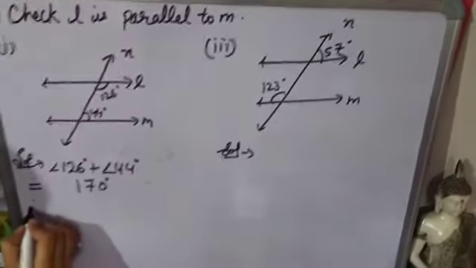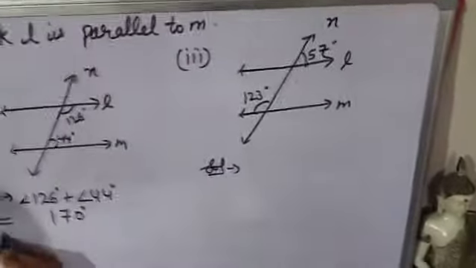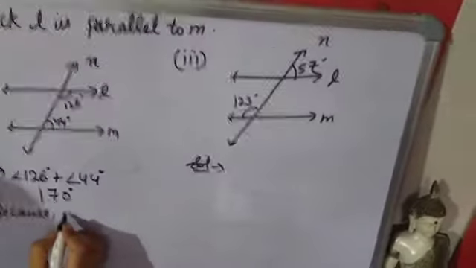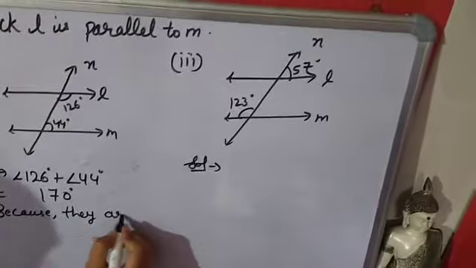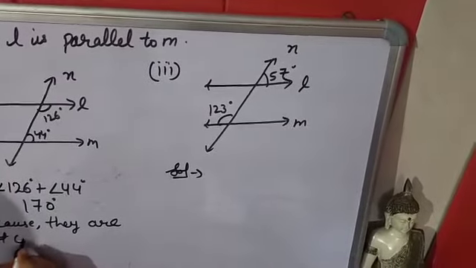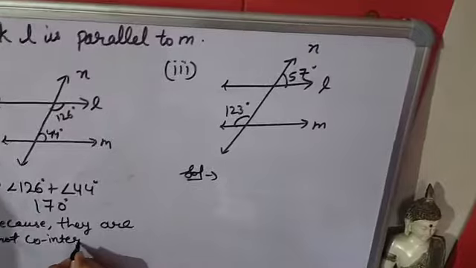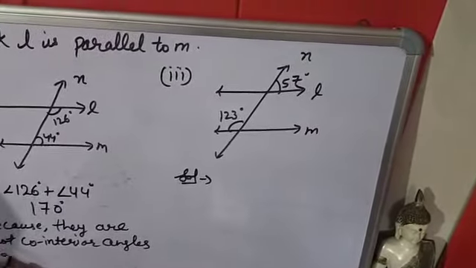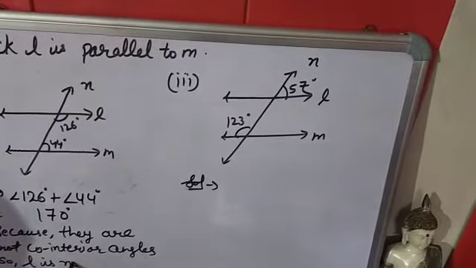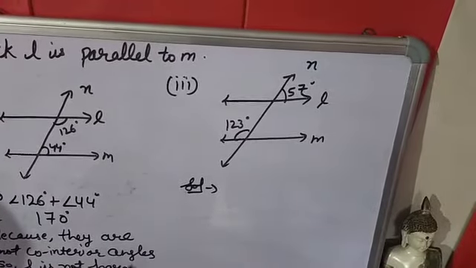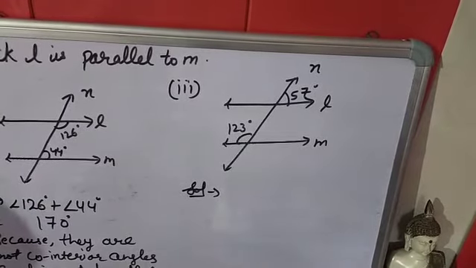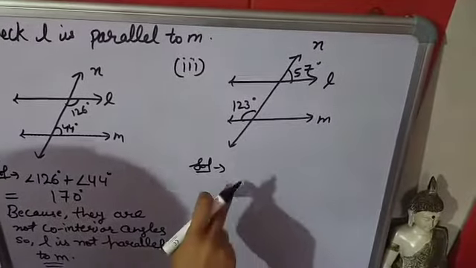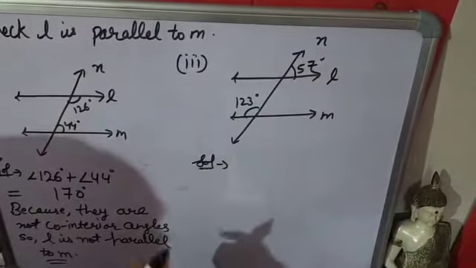So we will write: because they are not co-interior angles, L is not parallel to M. Okay. Now in the third part we will check whether L is parallel to M or not.